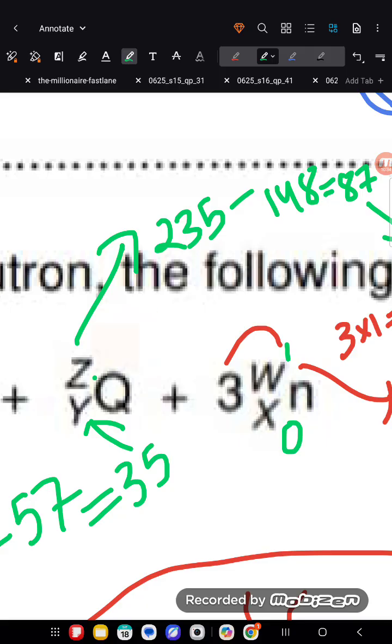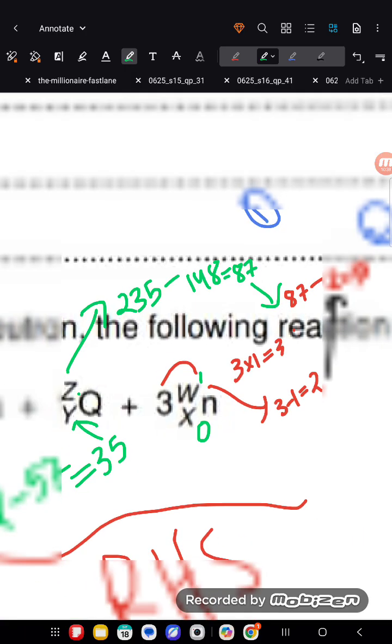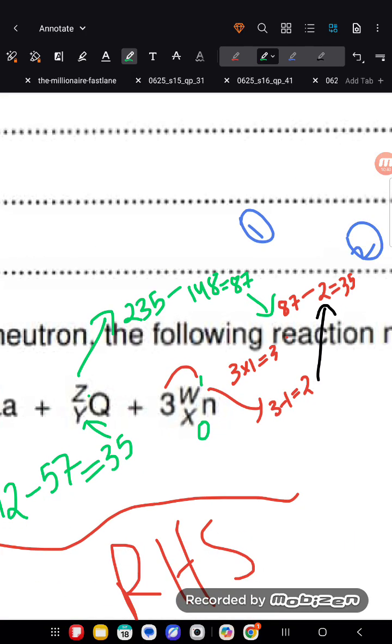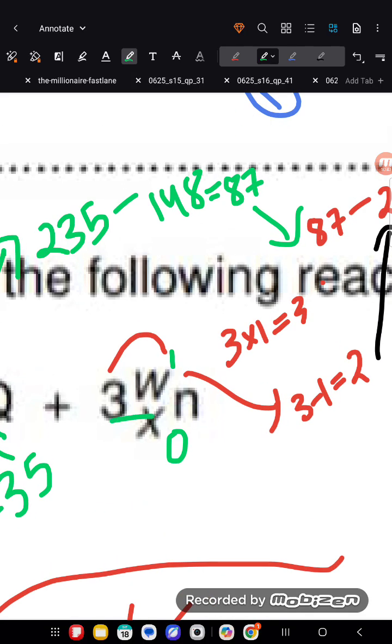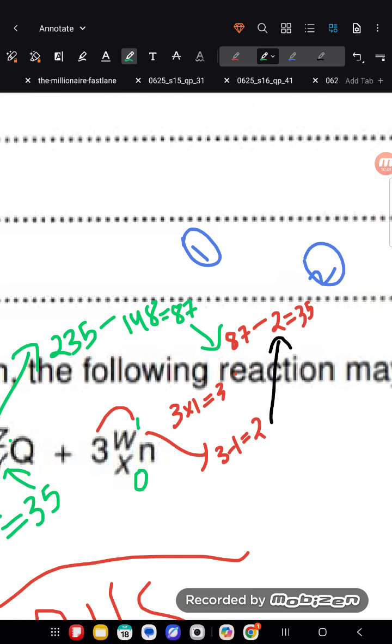You can see this one has taken some number, so we have to separate that number, we have to minus that number, right? This one has taken some of the number, and how much has it taken? 3, and 3 minus 1 is 2.